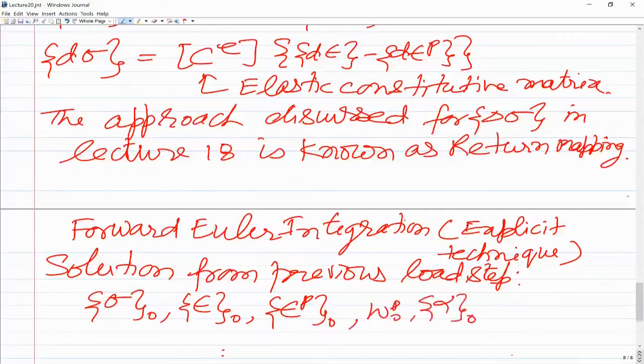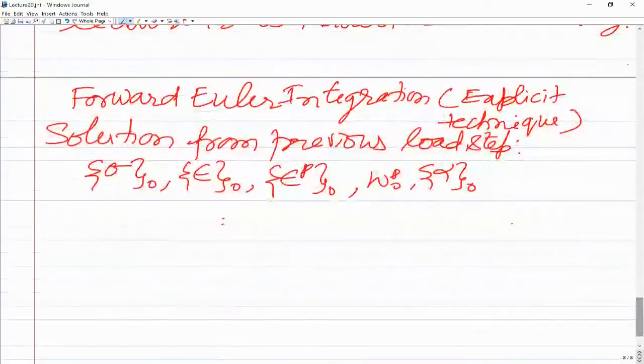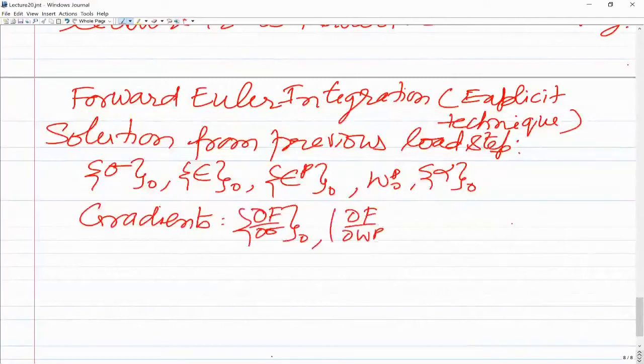So these will be known. Also we can calculate at the previous step the gradients. So the gradients are del F by del sigma from the previous step, del F by del WP from the previous step, del F by del alpha from the previous step, and del Q by del sigma from the previous step.